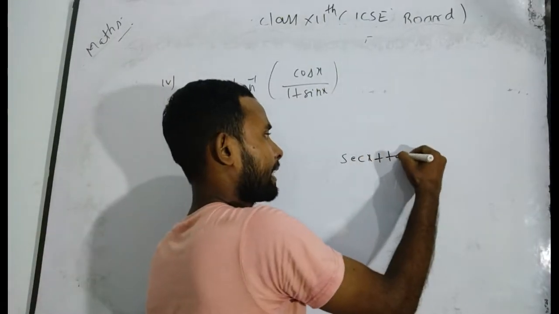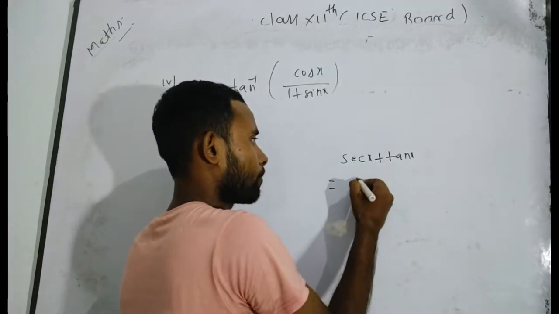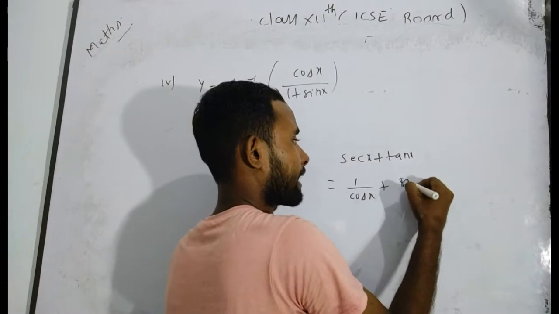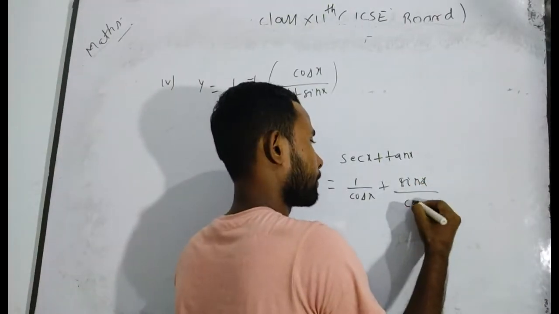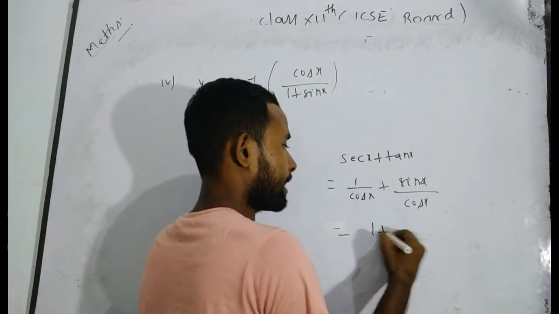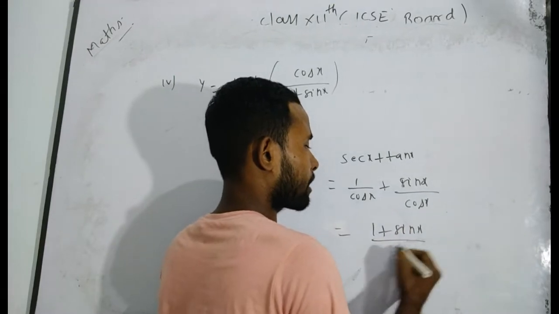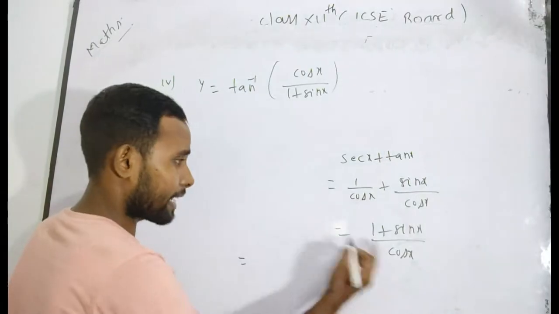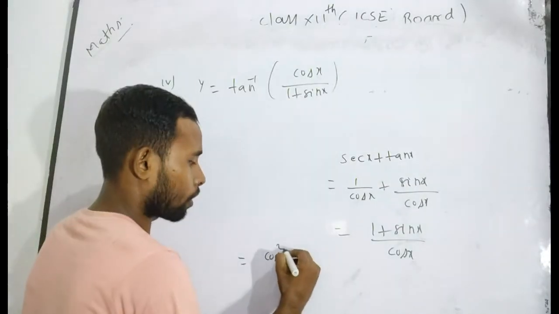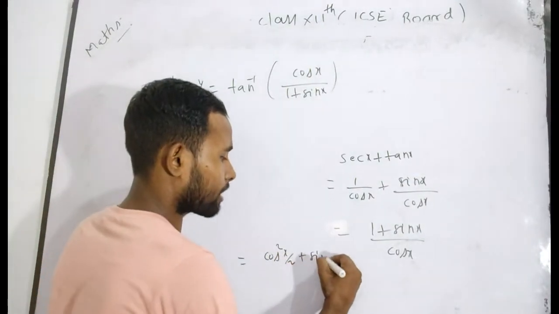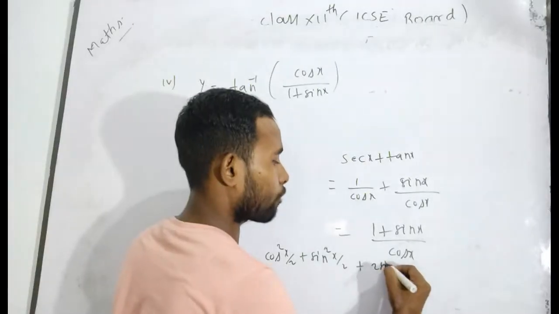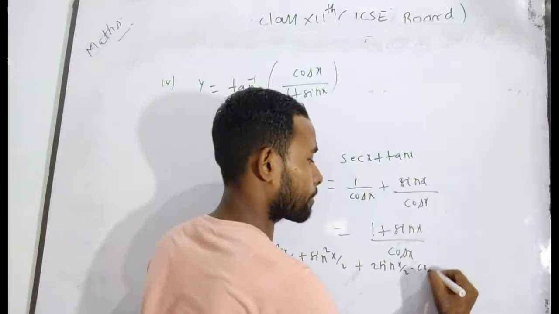Sec x plus tan x, can you write 1 upon cos x plus 1 upon sin x by cos x? After writing in this form, it will be 1 plus sin x divided by cos x. Can you write 1 as cos square x by 2 plus sin square x by 2, and in place of sin x, write 2 sin x by 2 into cos x by 2?